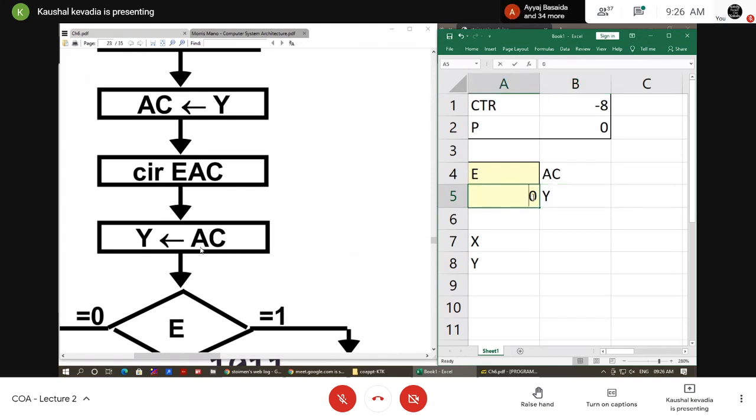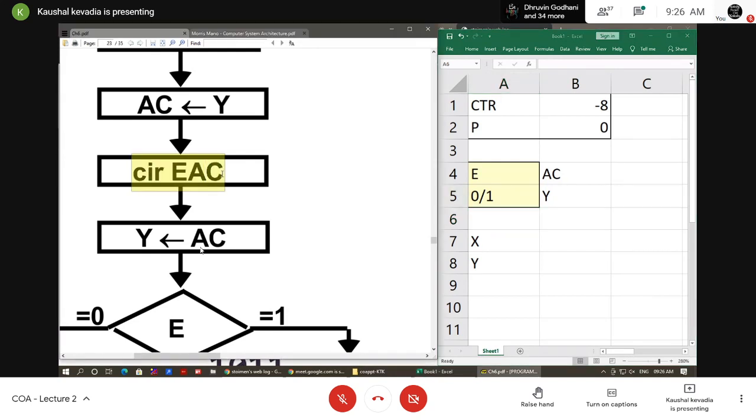So what we can get is either a 0 or 1 after this shifting operation, right operation of my accumulator. Getting everyone? Anybody have a doubt why we are using this right shift of E and AC register both?